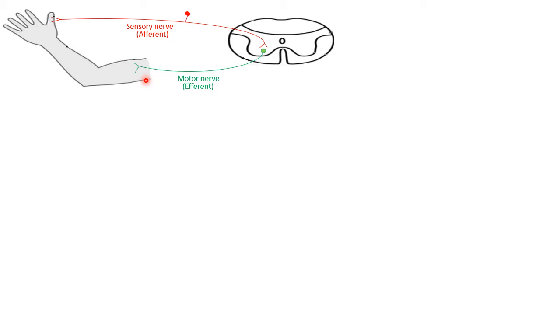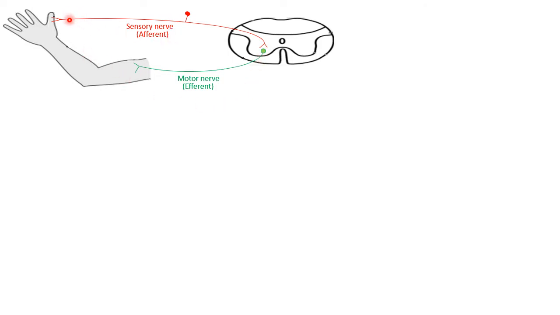So we have the sensory nerve and the motor nerve, and the spinal cord and the brain also have nerves inside. We can consider the spinal cord with the brain as the center. There are nerves that come to the center and nerves that go out from the center.